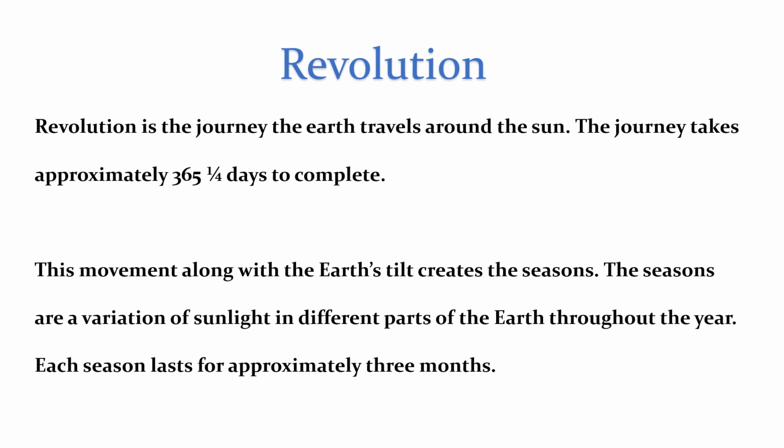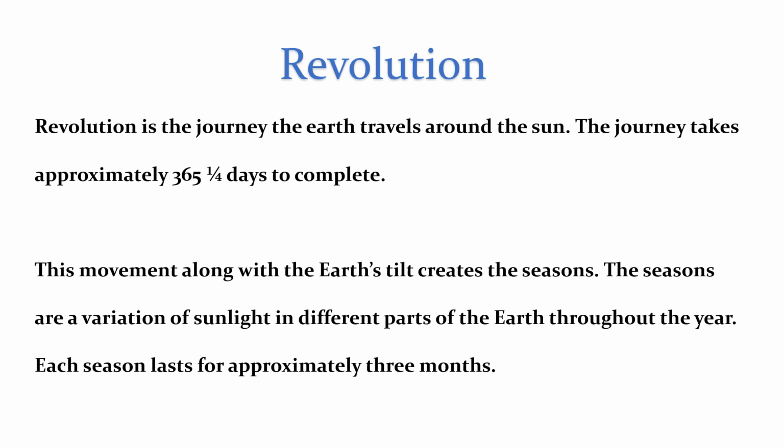Now this tilting of the Earth while it is traveling around the Sun has an effect on the amount of sunlight both hemispheres, north and southern hemisphere of the Earth, actually receive. Because of this variation in the amount of light that both hemispheres receive, we experience what are called the 4 seasons.